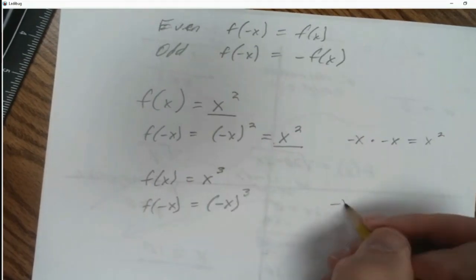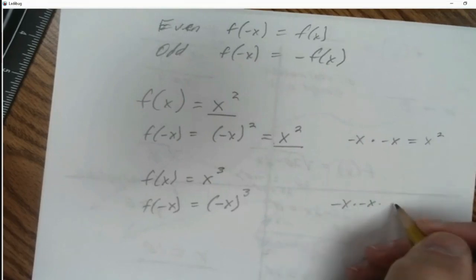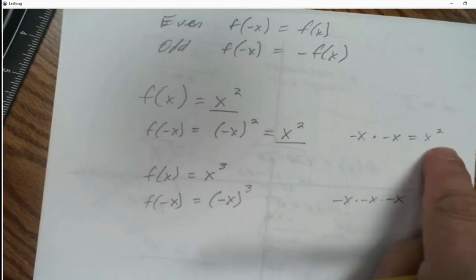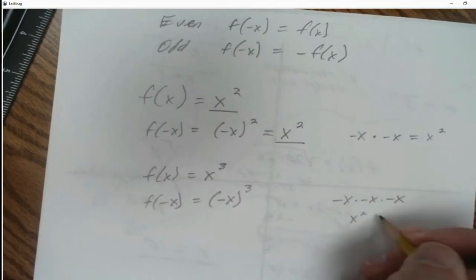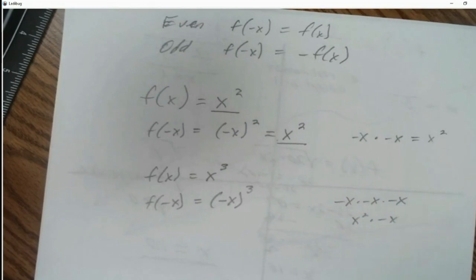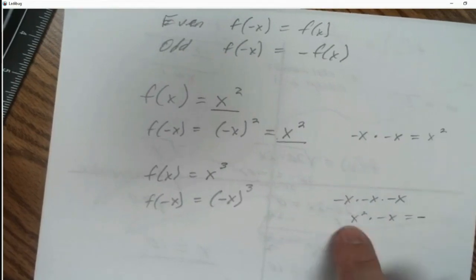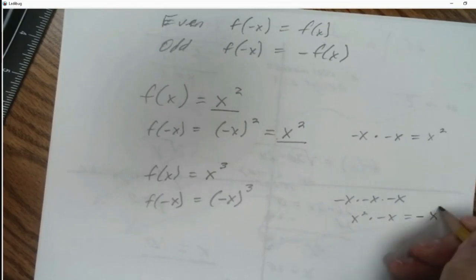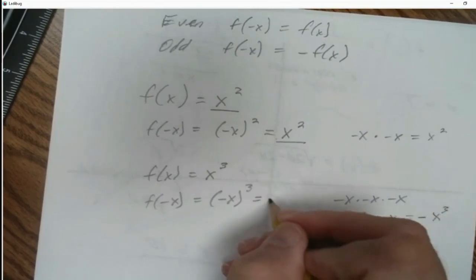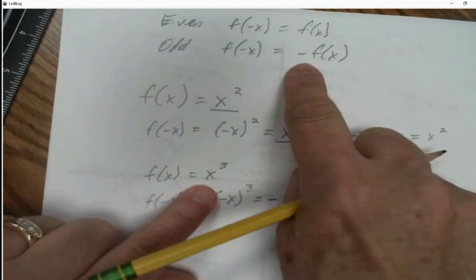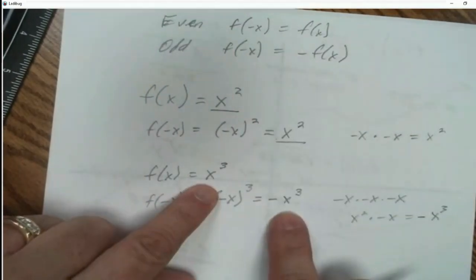So what's negative x times negative x times negative x? Well, negative x times negative x, we've already calculated. That's x squared times another negative x. So now it's a positive times a negative. So it's going to be a negative. x squared times x is now x to the third. So this equals negative x to the third. It's exactly the opposite sign of what we started with.